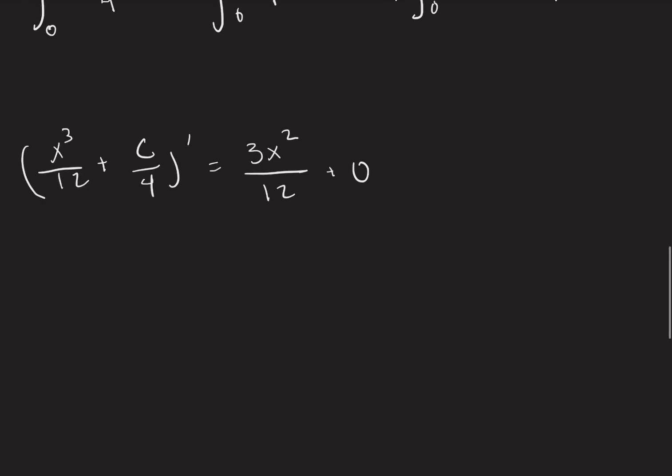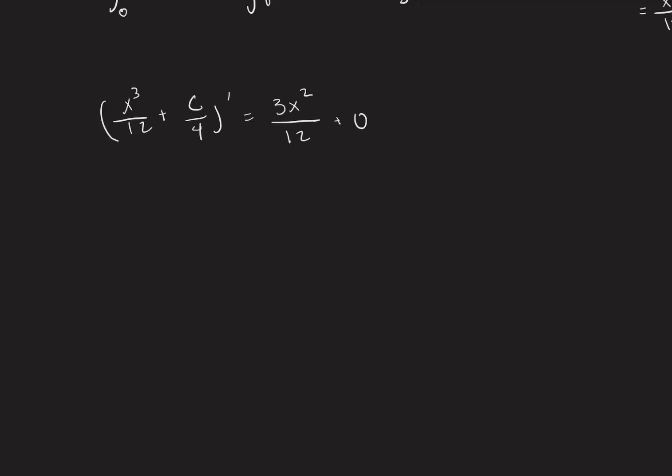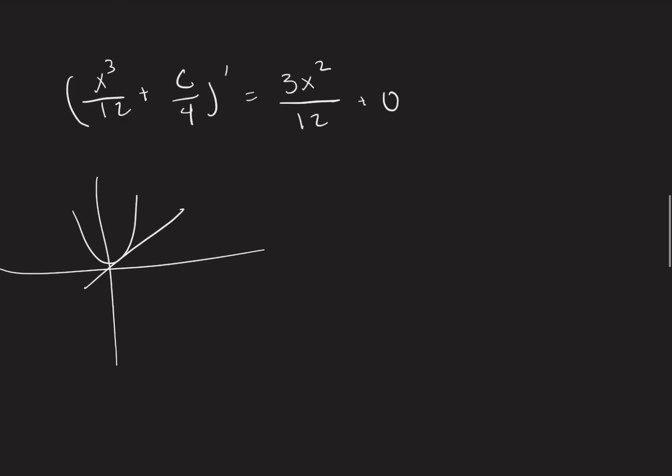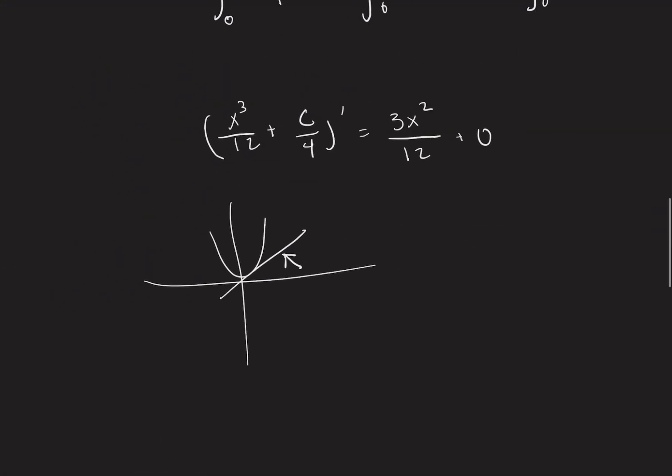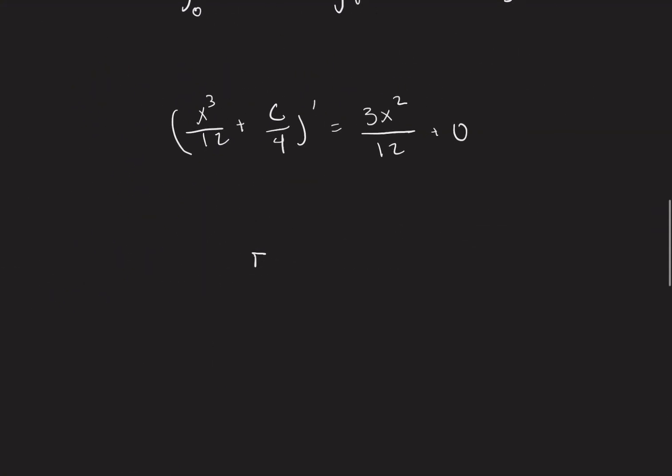plus 0. If you don't know what a derivative is, the derivative is the slope of your function. So for instance, say you have a function that looks like this, and then this would be your slope. That right here is the derivative, right?